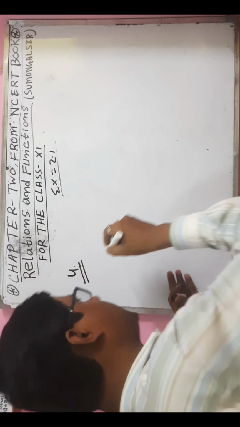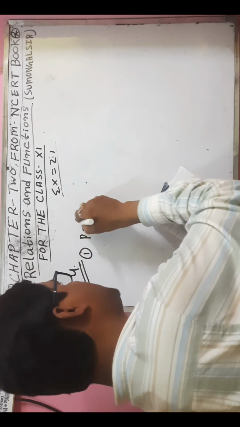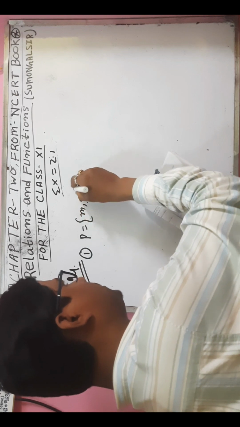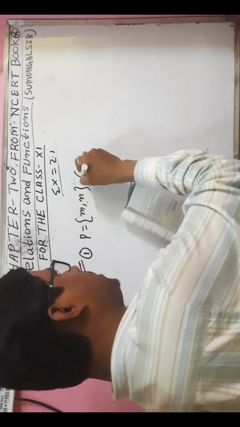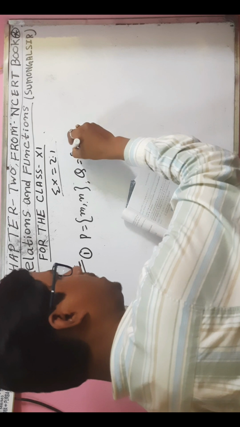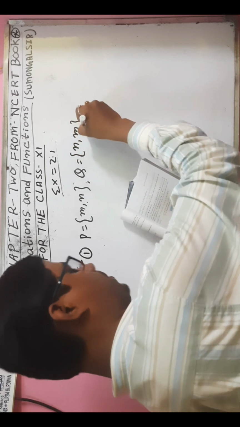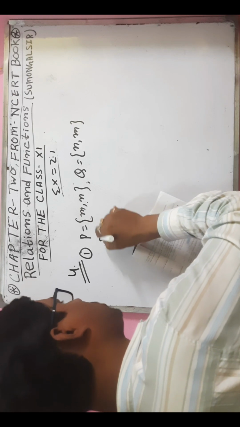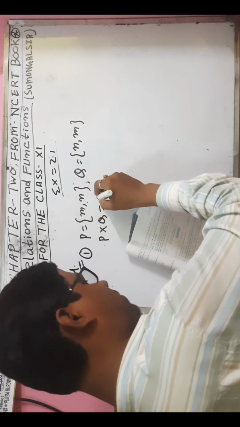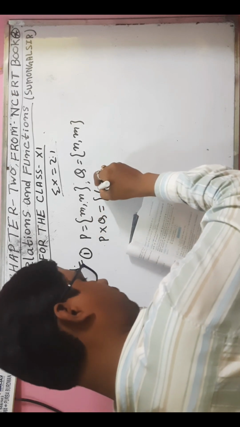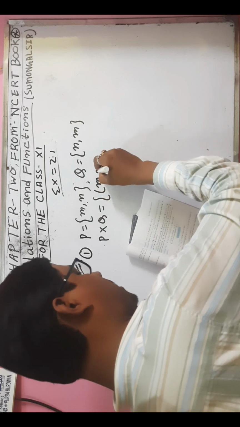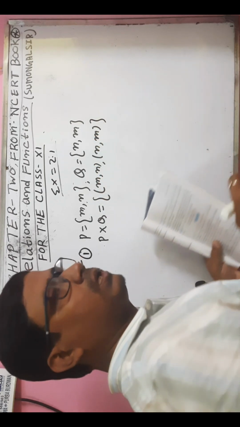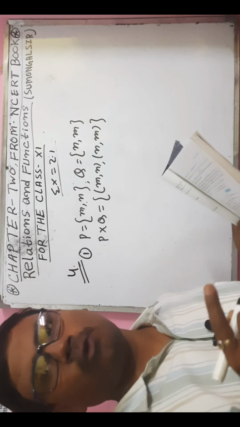The first statement: P is a set with elements M, N, and the elements of Q are N, M, and then P cross Q is given as (M, N), (N, M). Is this true or false?